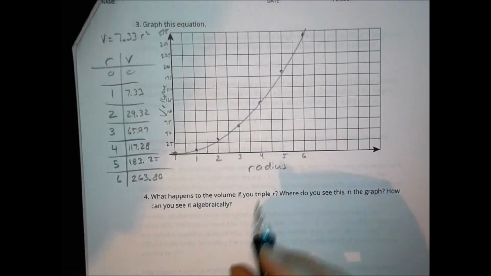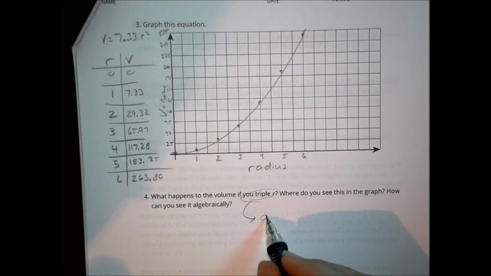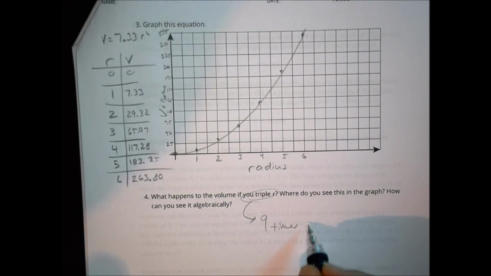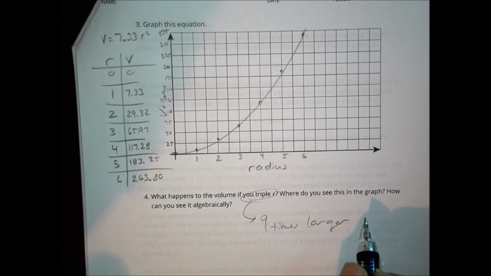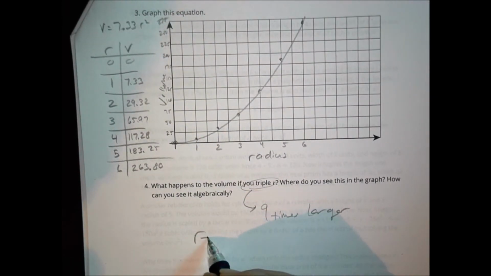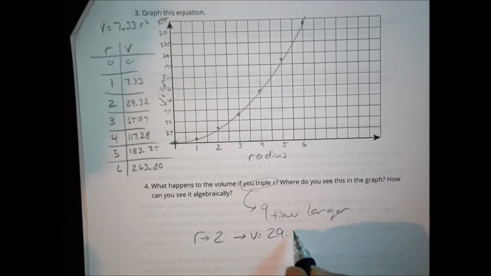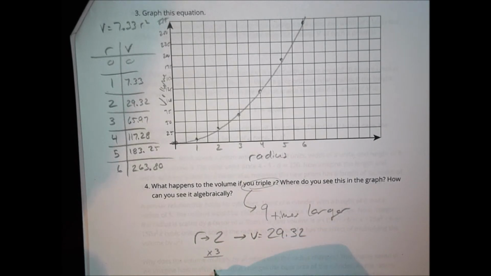So what happens to the volume if you triple R? If you triple R, then the volume becomes 9 times larger. Where do we see that in the graph? Well, if the radius was 2, then the volume was equal to 29.32. If I triple the radius, then I'm at a radius of 6.